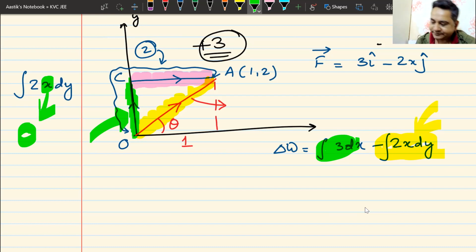Hanak, what was the mistake? When we did the pink path, I think I wrongly wrote, and it just missed my mind, that dy is 0. Is that so? No. Then what did I do?